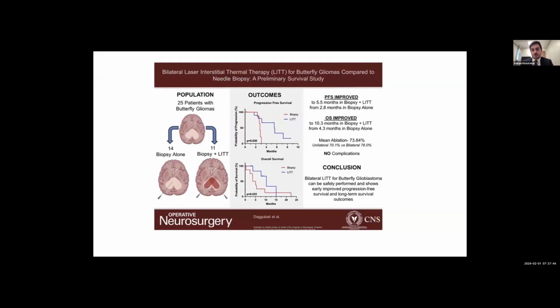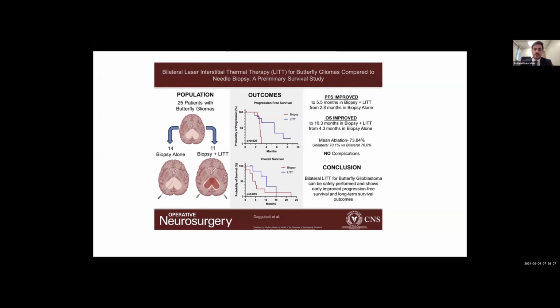And this has been published by the group at University of Miami. In a comparison of patients that had butterfly gliomas and had only biopsy versus biopsy and LITT, the progression-free survival improved by almost 3 months more, and the overall survival also increased by 6 months more, with almost no complications.